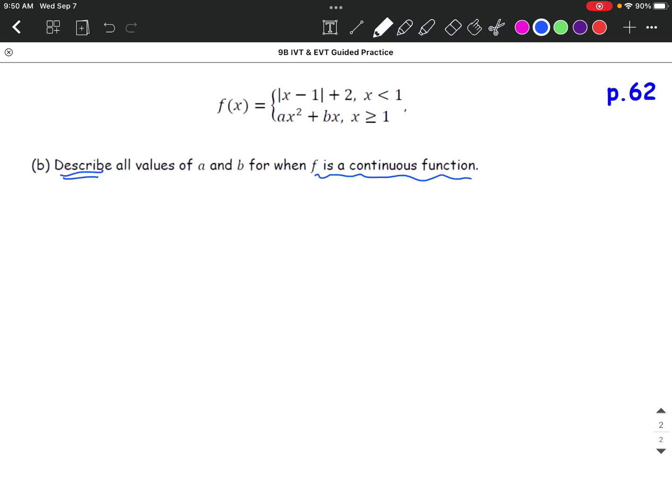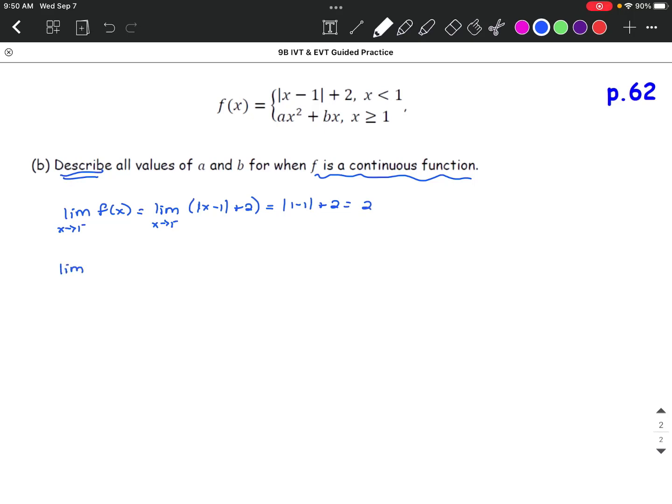Now, we know that the function exists at 1. The problem happened when we looked at the limit as x approached 1. So if we look at the limit as x approaches 1 from the left of f of x, we just did this earlier, of this absolute value of x minus 1 plus 2. You can go back to the original, or you can use the negative x plus 3. And when we substitute in, we get 2.